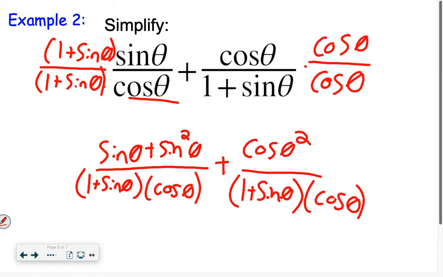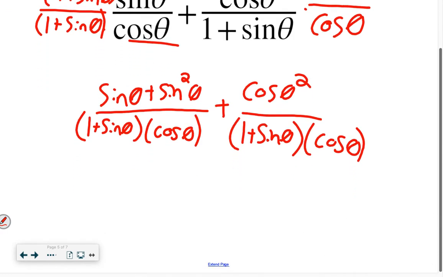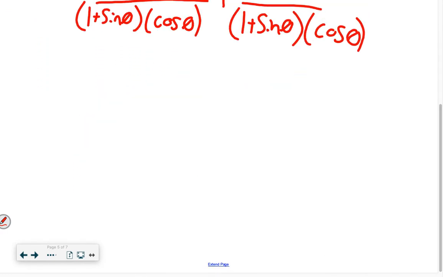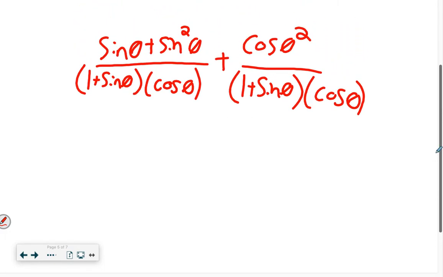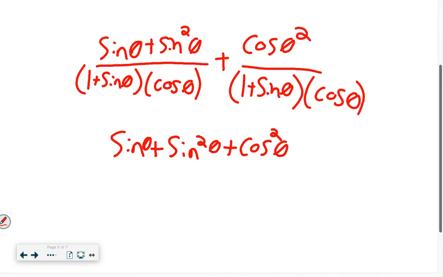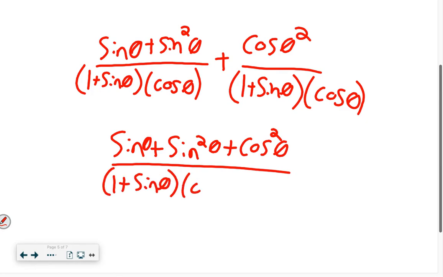Okay, well, we have a common denominator now, so we can add the numerators, right? So we can do sine of theta plus sine squared of theta plus cosine squared of theta all over 1 plus sine of theta times cosine of theta.